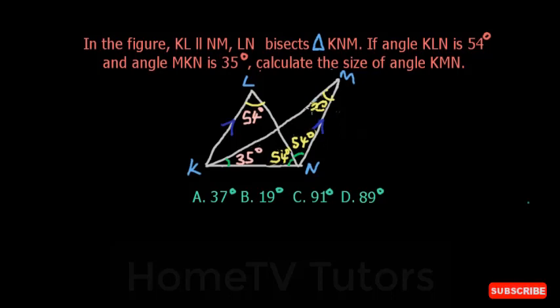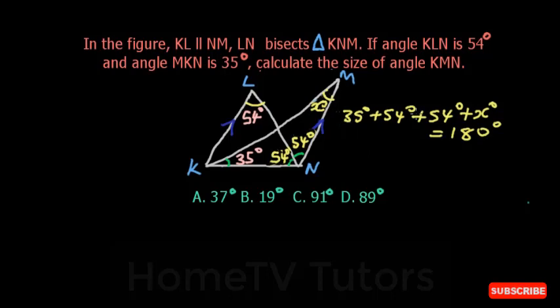So the sum of angles in this triangle KMN is equal to 35 degrees plus 54 degrees plus 54 degrees plus X degrees, which is equal to 180 degrees, because the sum of angles in a triangle is equal to 180 degrees.